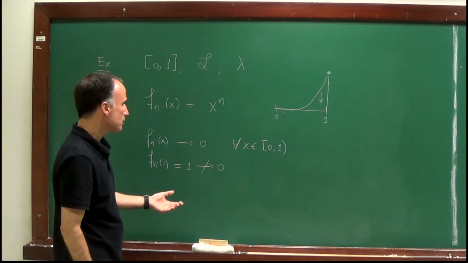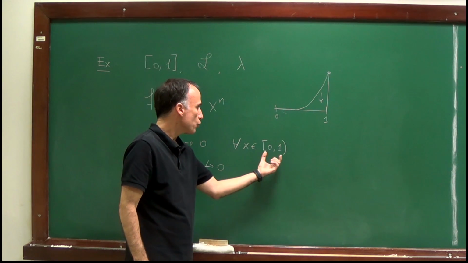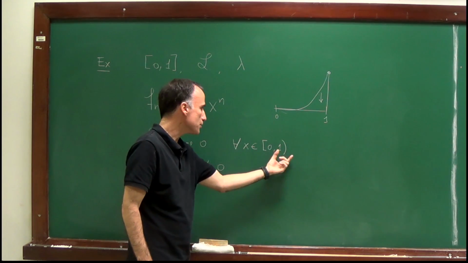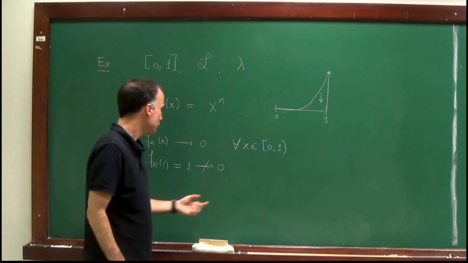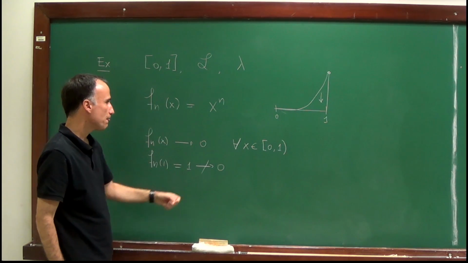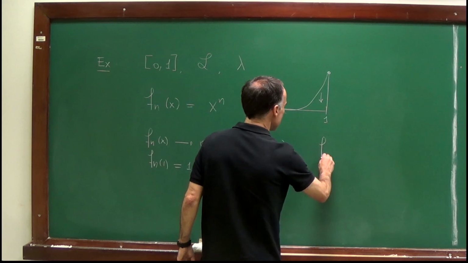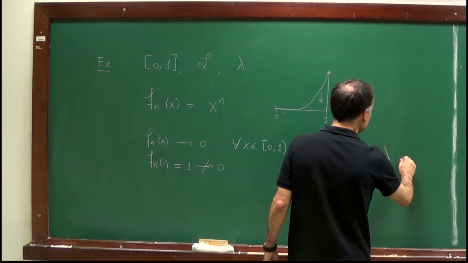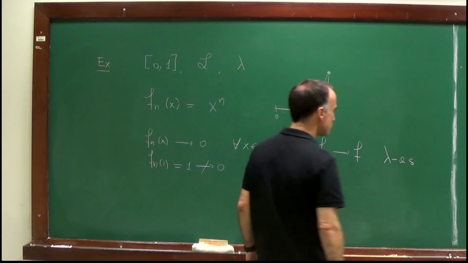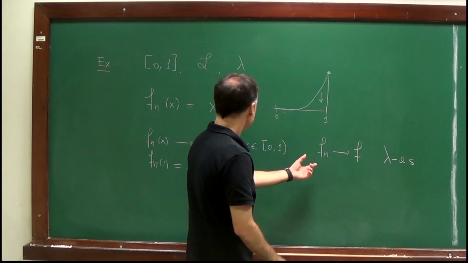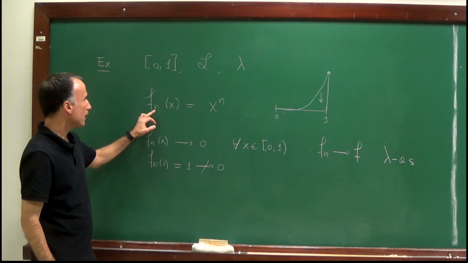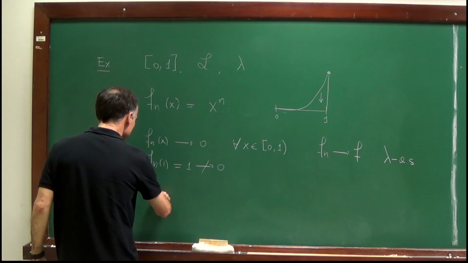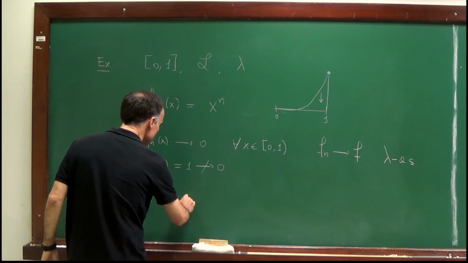So here is an example. We have here a set whose complement is the point 1, which has Lebesgue measure equal to 0. And in this set, we have pointwise convergence. So it's true that f_n converges to f lambda almost surely, so Lebesgue almost surely, where f_n is this function x to the power n, and the function f of x is equal to 0 for all x.